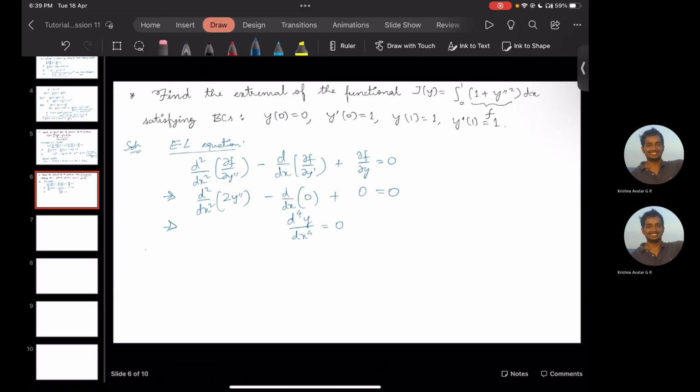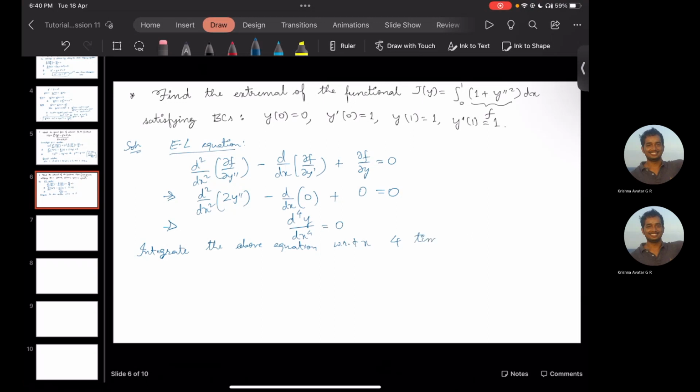Now let's integrate the above equation 4 times with respect to x.